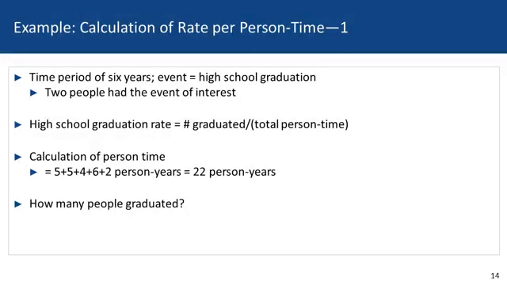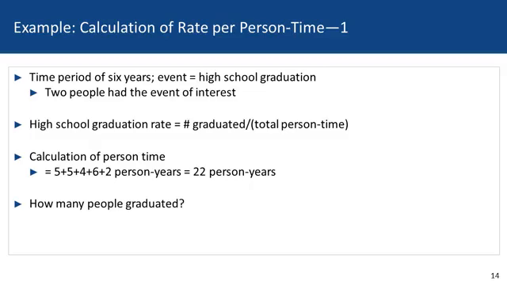Let's take a moment and in this example, calculate our actual person time. The first thing we remember is that 2 people had our event of interest, or graduated from high school. Now, what is the denominator in this question? Because the high school graduation rate we will calculate is the number of individuals who graduated divided by the total person time contributed by all individuals that we observed.